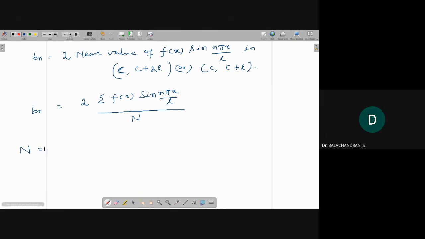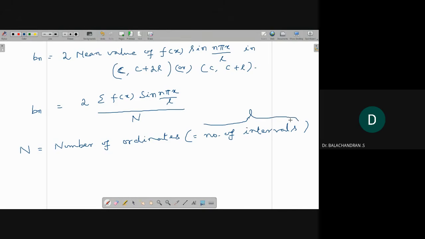Here n is the number of ordinates, or you can say the number of intervals, so it should be even. It is always an even number of intervals.